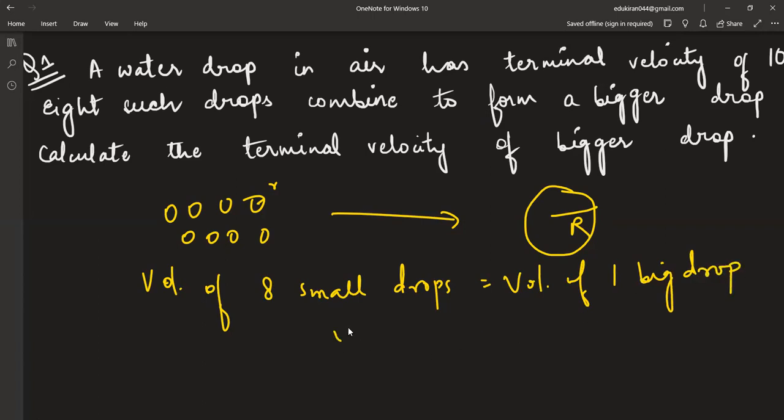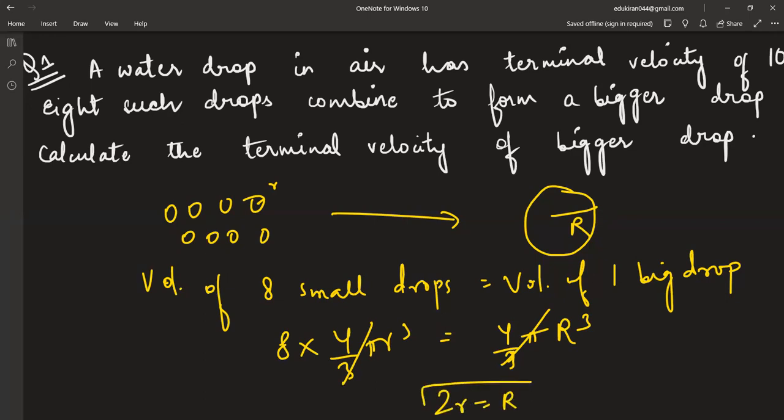So 8 into 4 by 3 pi small r cube is equal to 4 by 3 pi capital R cube. 4 by 3, 4 by 3 cancel. So 2 small r is equal to capital R.